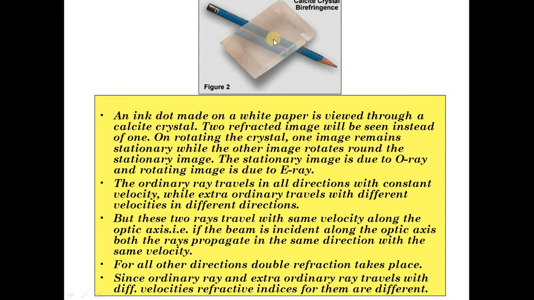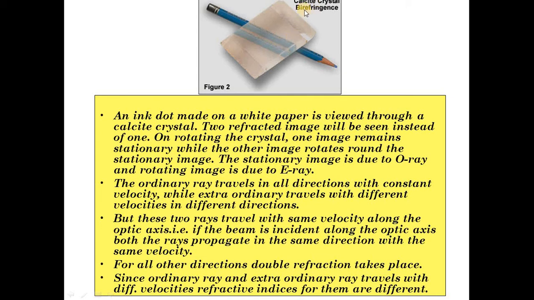You can see two images, and if you rotate this crystal, I'll show the video. I'll give the link of the video in the comment box, of this phenomenon of birefringence or double refraction shown by the calcite crystal. You just watch the video.